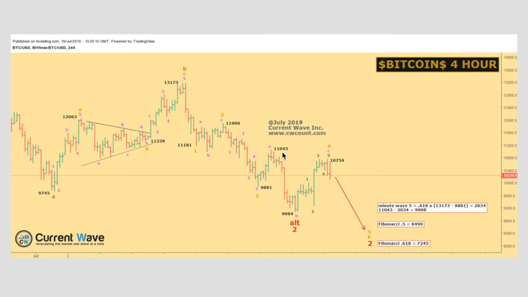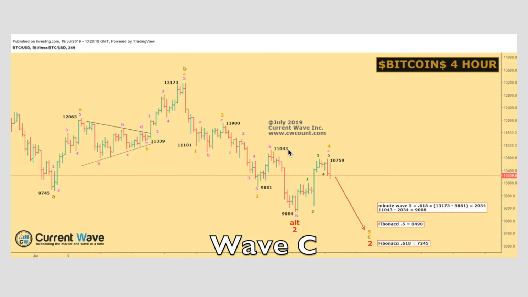So we felt that instead of an expanded flat, a big flat pattern is emerging, where your A was 11,043 and your B wave was 9,084. And your fourth wave, we think this did not have the right look because it didn't really get close to 11,043.